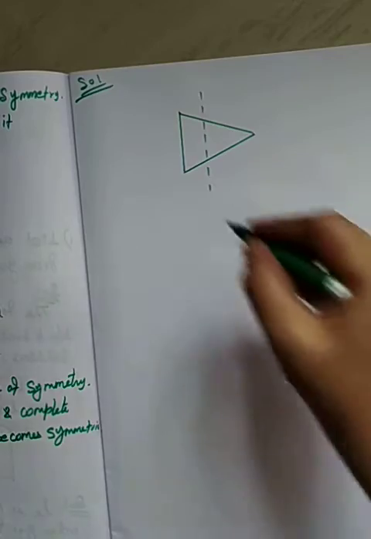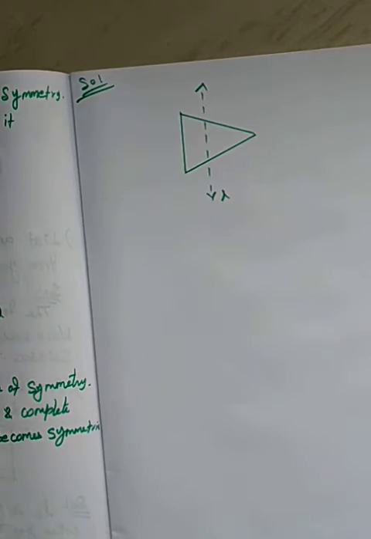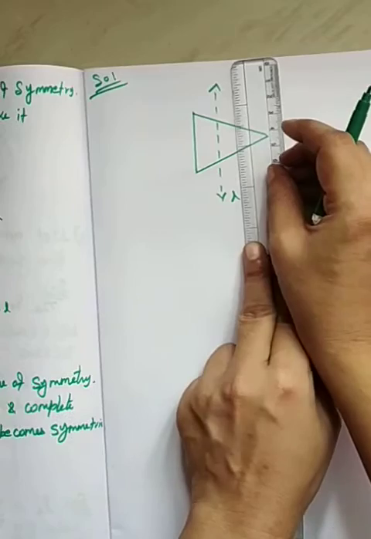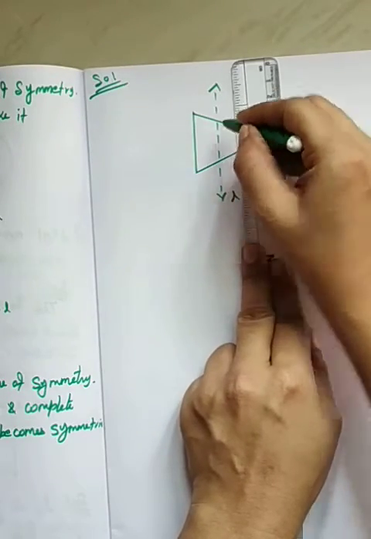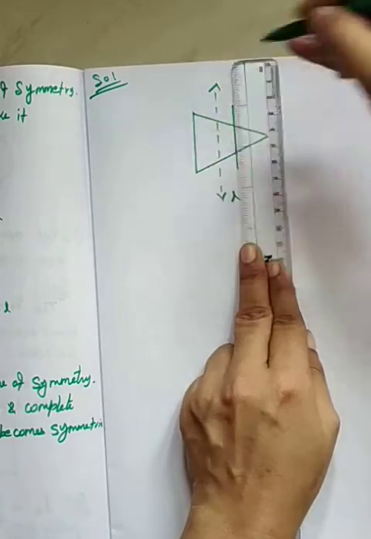Okay, this is a question. L. Then you have to draw the symmetric. How can you draw the symmetric? See here, the same thing.